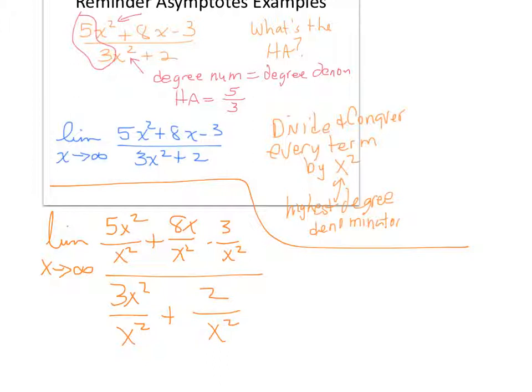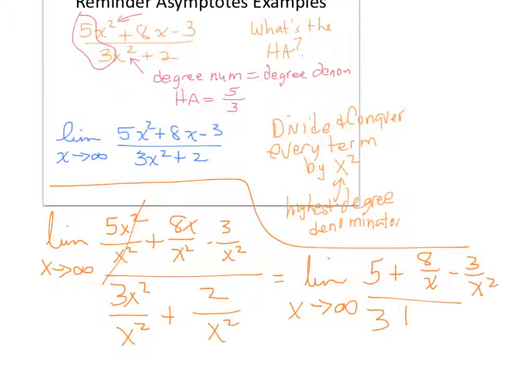Again, the reason why is that my only definition is I need things over x's because they go away because of that limit. So if I rewrite this, this becomes the limit as x goes to infinity. Well, that just becomes 5. This becomes 8 over x minus 3 over x squared. That becomes 3, and that just stays 2 over x squared.